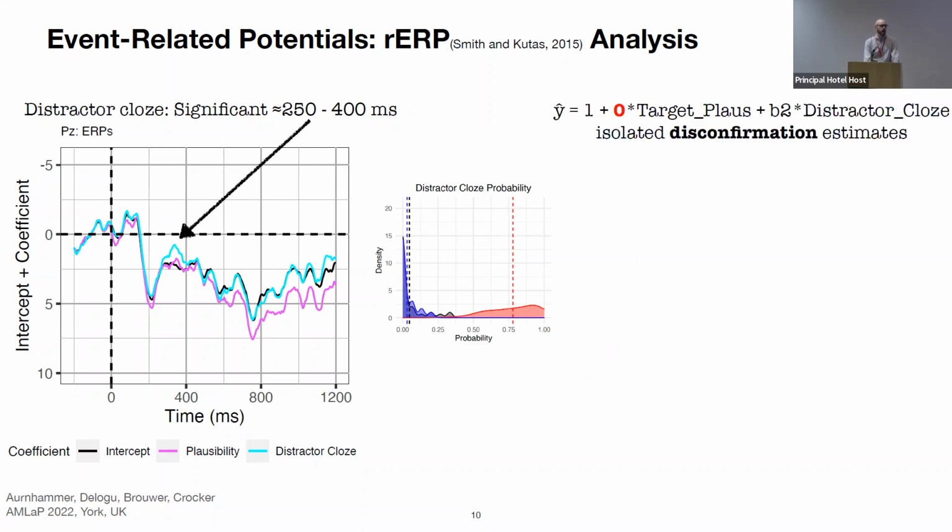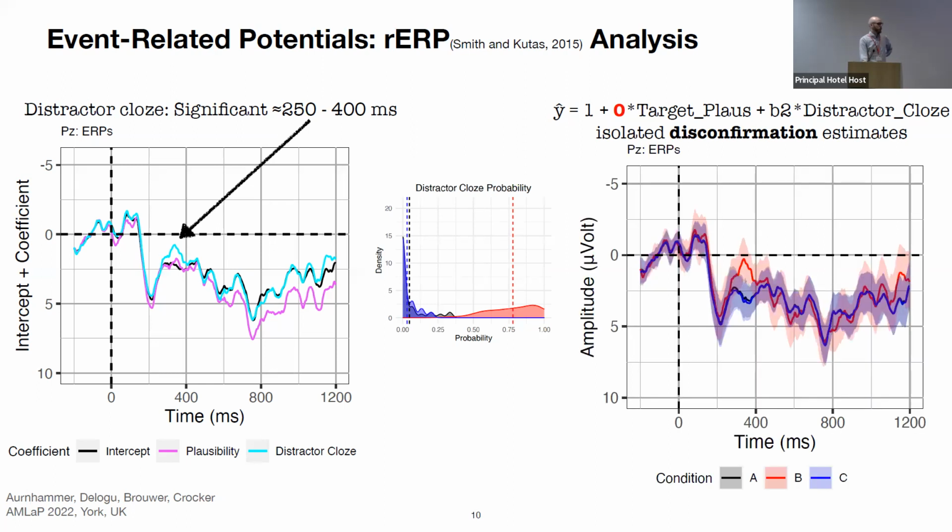And then we can set the other predictor in our model, the plausibility, basically to its average value. And this basically shows us what the waveforms would look like if the conditions didn't actually vary in plausibility. So it isolates the contribution of distractor cloze probability. And what we then see is exactly, it captures the negativity.